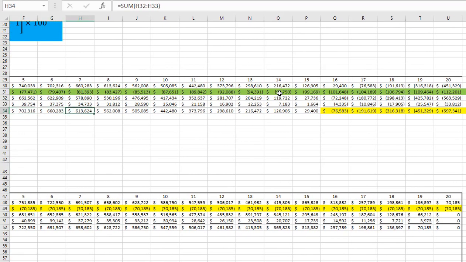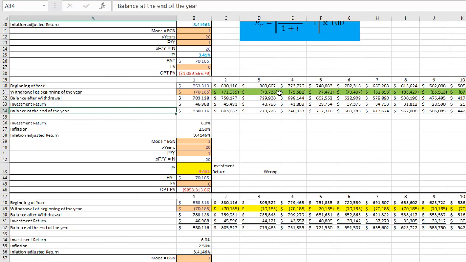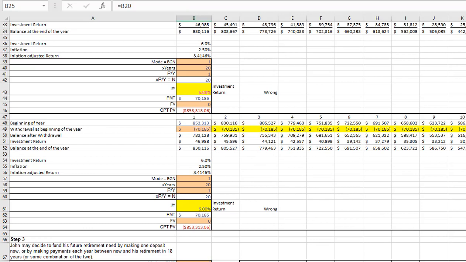Before I get to my 20 years, I'm going to be almost out of money at 15 years. I'm going to have a negative balance at 16 years, and I've simply run out of money. So that's the real importance, why we need to use that inflation-adjusted discount rate, okay?